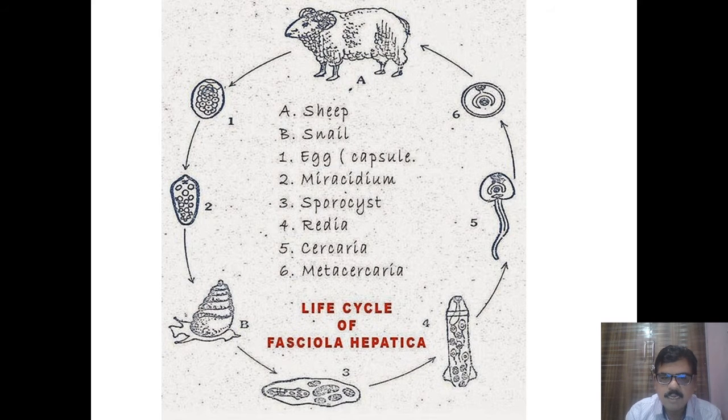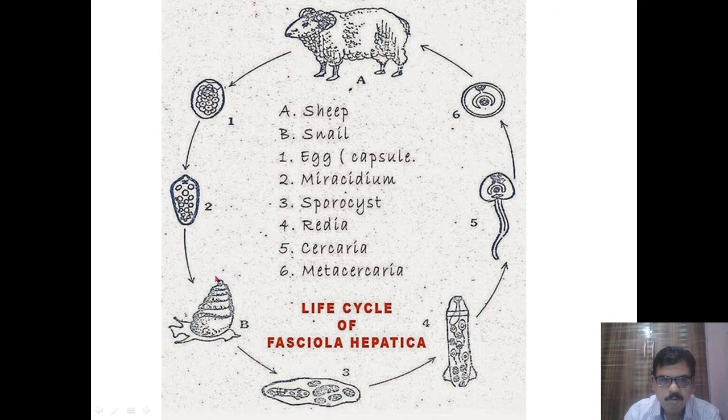This is the life cycle of Fasciola hepatica, where you can observe the different larvae. The main primary host is the sheep, then the other host is the snail. In between, these stages are the capsule and the Miracidium larva that we have already discussed.